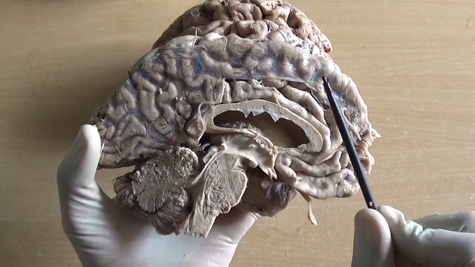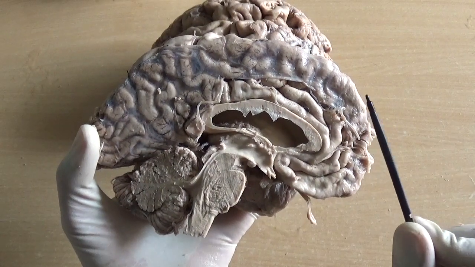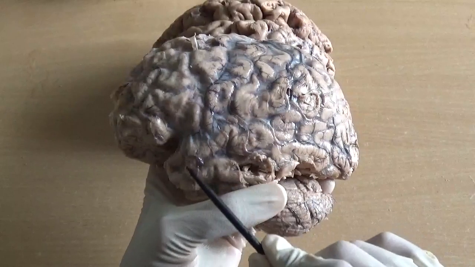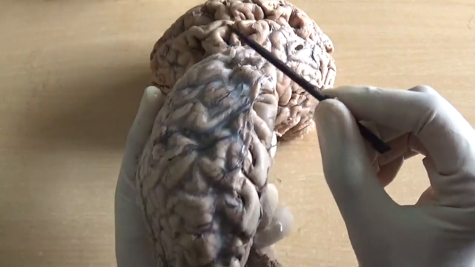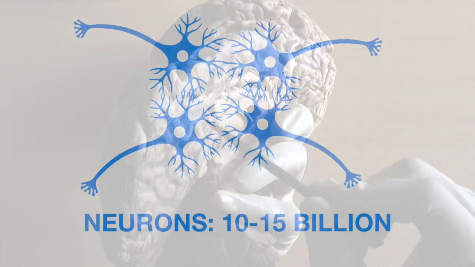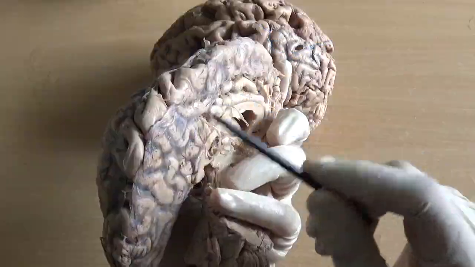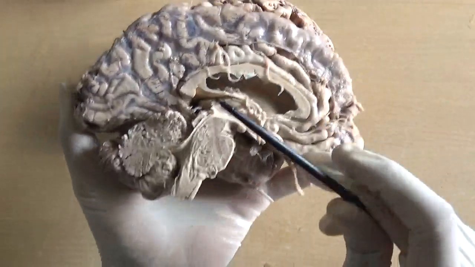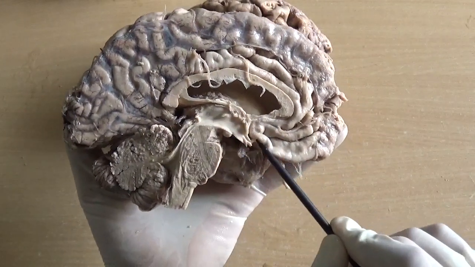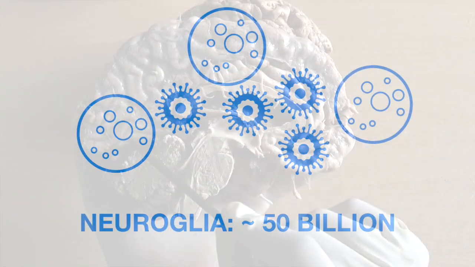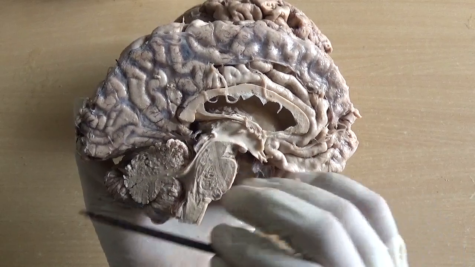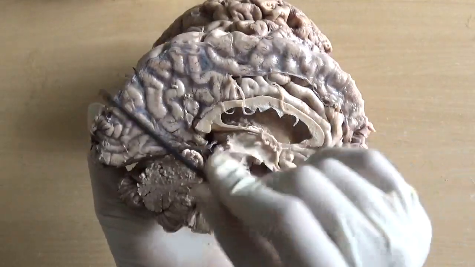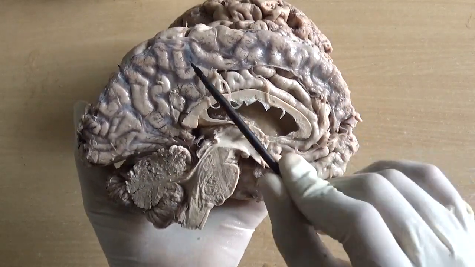The cells are either neurons, particularly their cell bodies, or neuroglia. On average, the entire cerebral cortex accommodates 10 to 15 billion neurons, and the neuroglia are 5 times the number of neurons, approximately 50 billion neuroglia. Just imagine this many neurons and neuroglia are accommodated within the cerebral cortex.